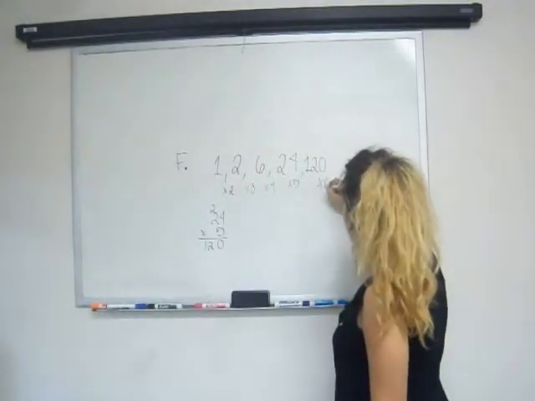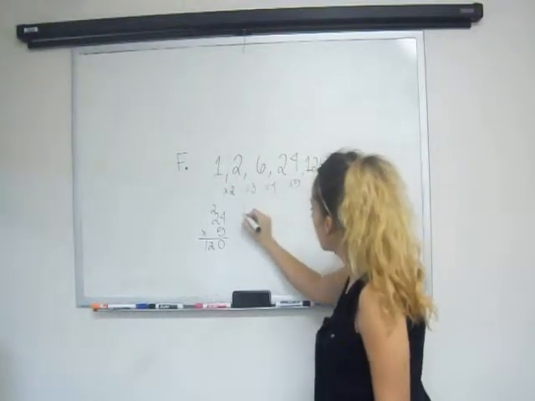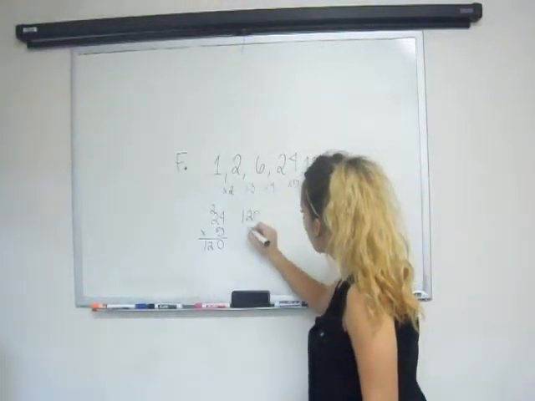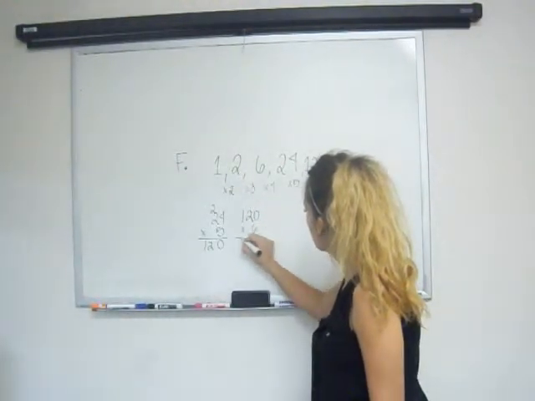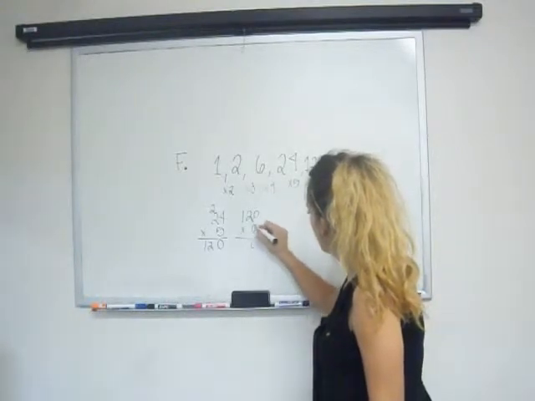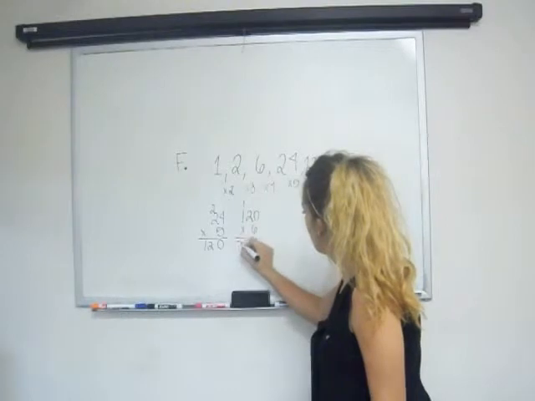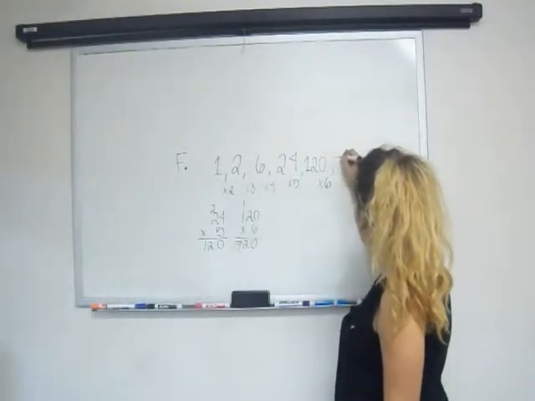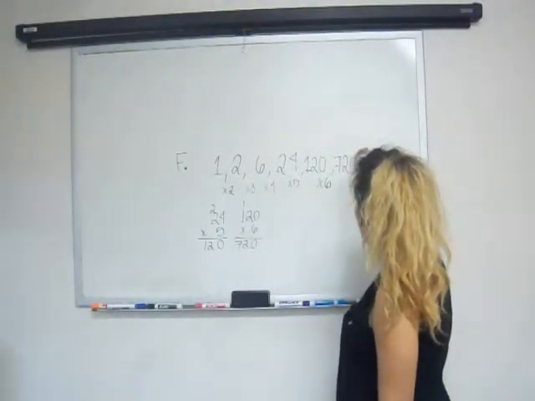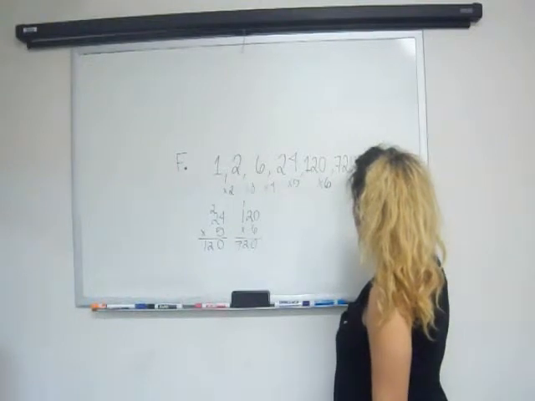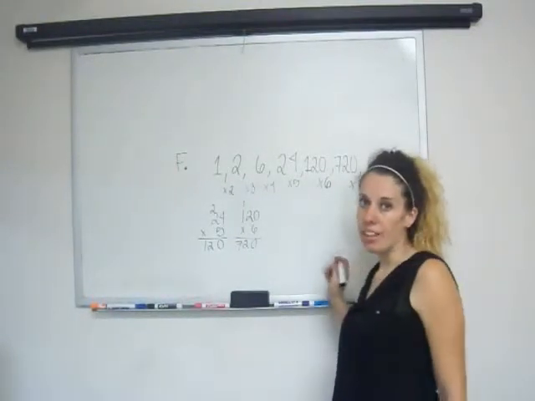Again, I'm going to do this one on the side. So 120 times 6, and I get 720.